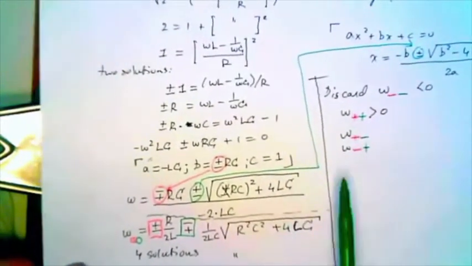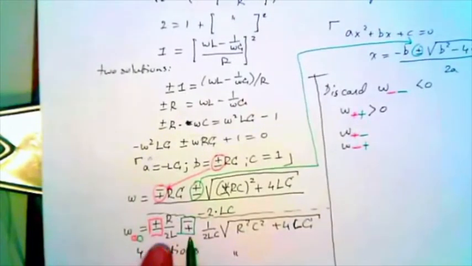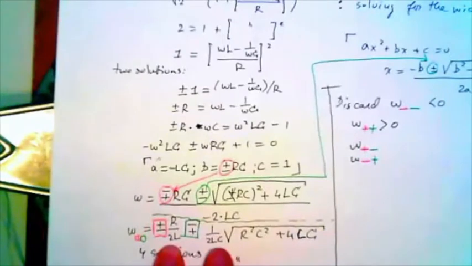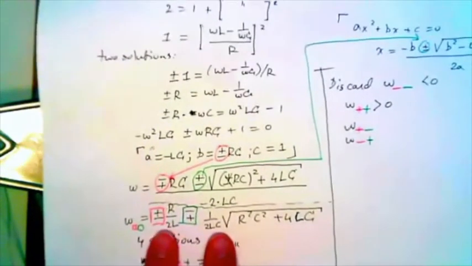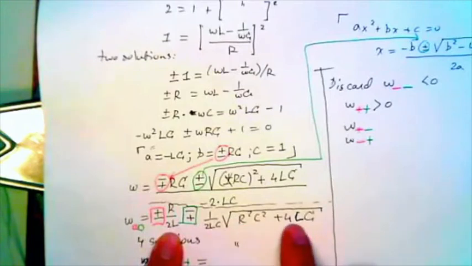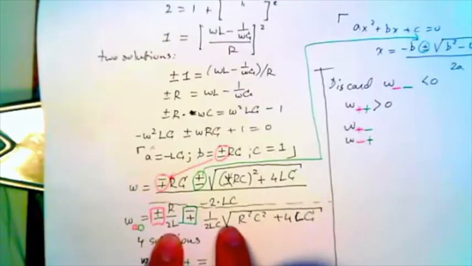All right. Well, if we want to know which one is positive and which one is negative, we need to look very carefully at these 2 terms in relation to one another. And this term is just r over 2l. This term is a little bit more complicated. So if we want to know which one is bigger, we have to compare this one to that one. It's a little bit tricky, but stick with me.